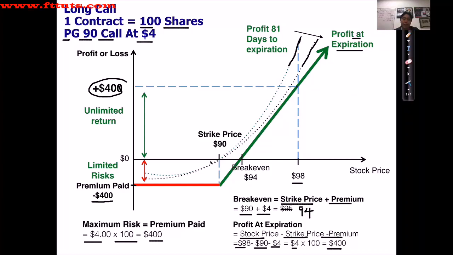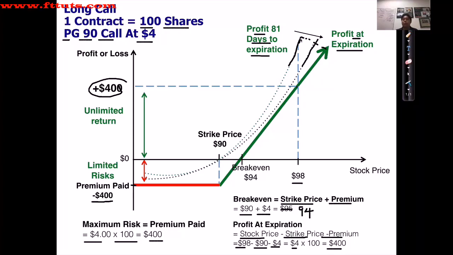So this is the profit and loss line right now today. Sorry, it's 81 days to expiration, okay? So when you buy the option right now, you've got 81 days to expiration. So your profit and loss graph looks like this. And as it nears expiration, the profit and loss graph will then slowly move to this.